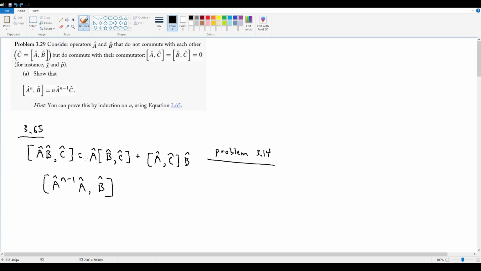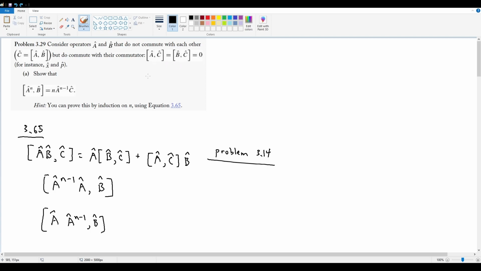Now, keep in mind that, because operators are not commutative, there are two ways I can write this. Because I can also do a hat acting on a hat n minus 1 with b, and these two don't necessarily mean the same thing, but the key point here is that these two actually do end up equaling the same, and the reason why is because we have this enforced rule up here, which is that a hat and c hat, along with b hat and c hat, both commute for free.